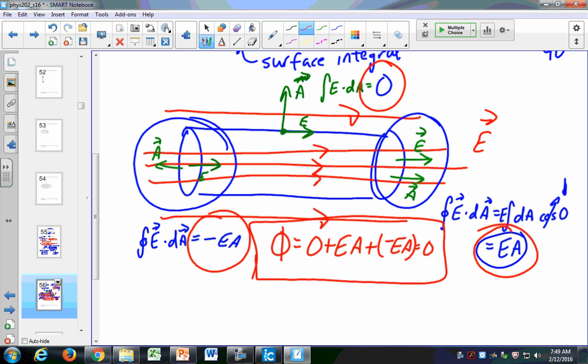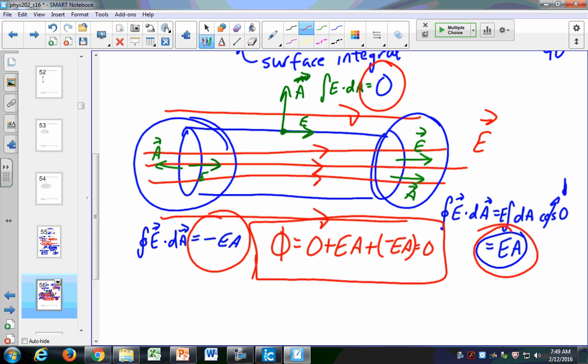What that means, as we'll see later, is that the total charge within that surface is equal to 0, and that's really the crux of Gauss's law: by measuring the total flux, you can determine the total charge within the surface. What we see here is that inside the cylinder there is 0 charge. We sort of know that from the electric field lines, because if there was charge here, the electric field lines would not go straight through. They would conform to those charges in some way.